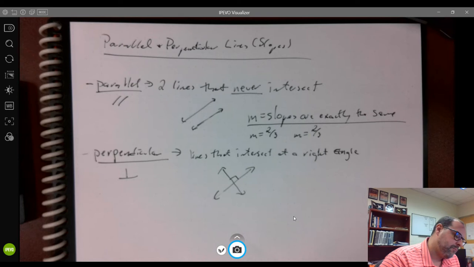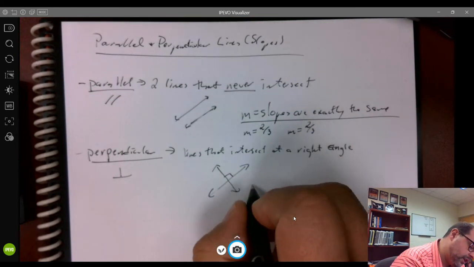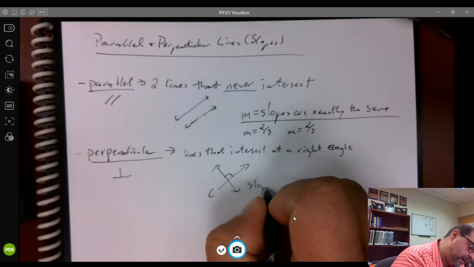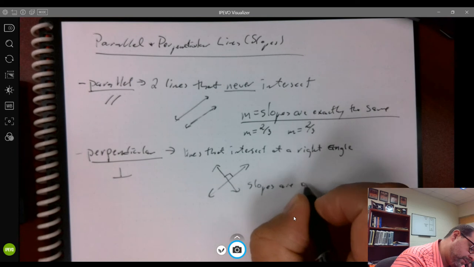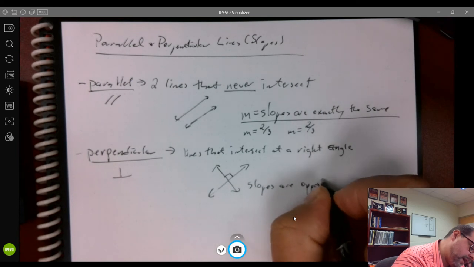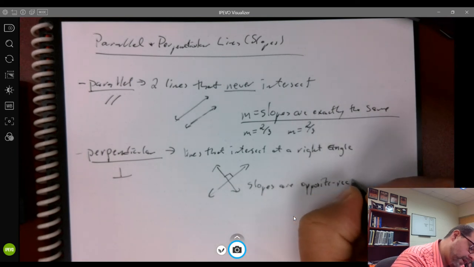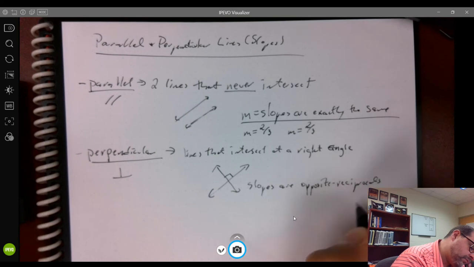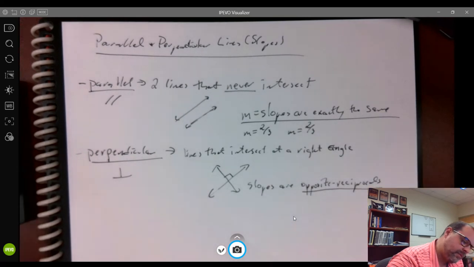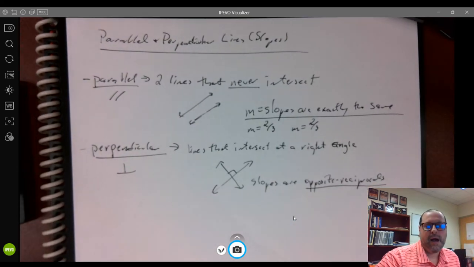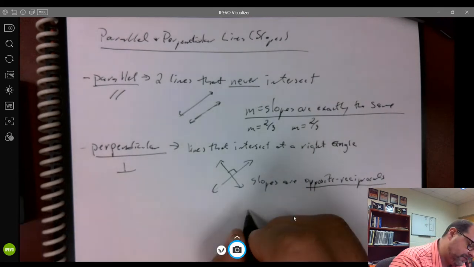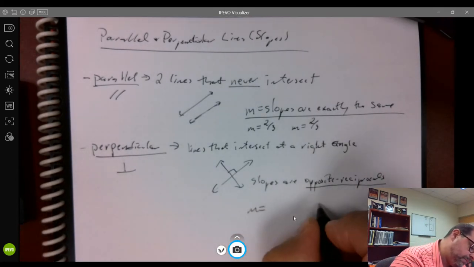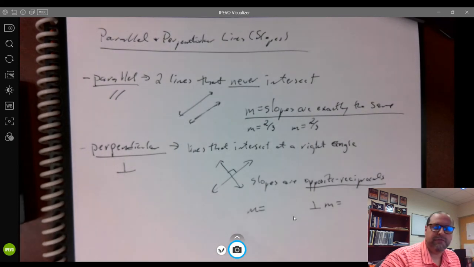Okay? Now, perpendicular lines slopes are what we call opposite reciprocals. So opposite means the sign is different. Reciprocal means that you flip the fraction.